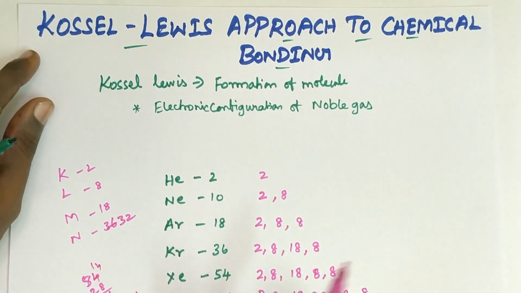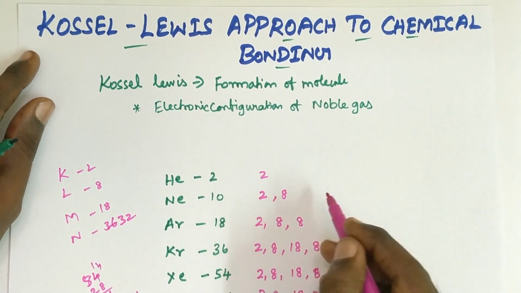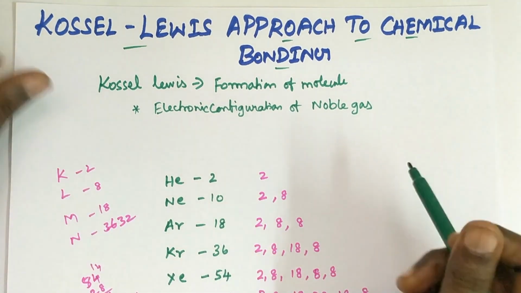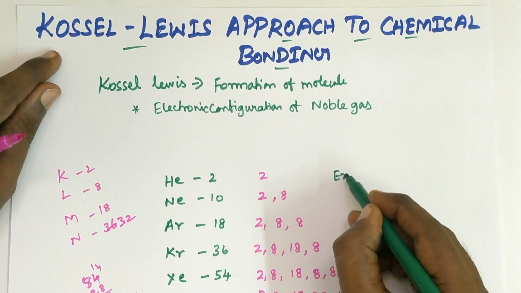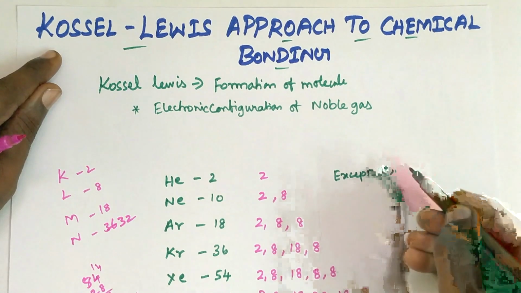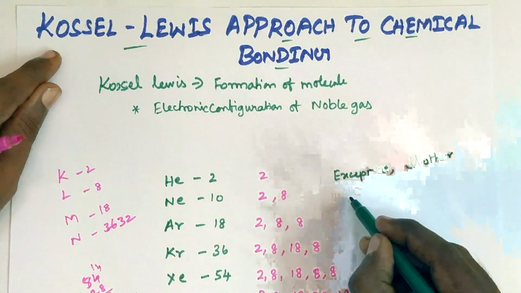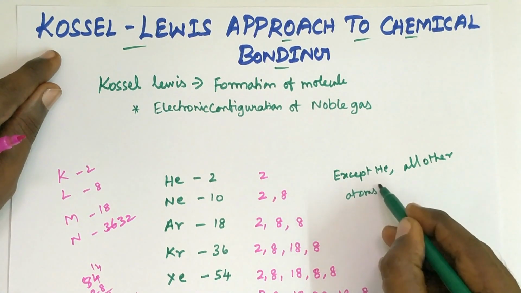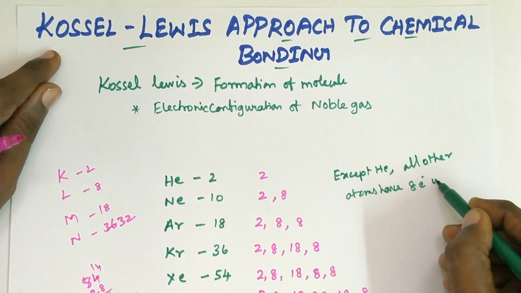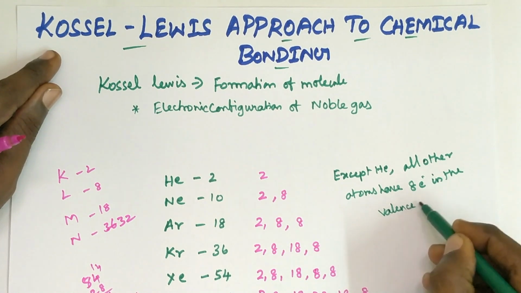So in all the electronic configurations of noble gas, you have to see the outermost shell. Except helium, all other atoms have 8 electrons, that is stable electronic configuration. They have 8 electrons in the valence shell. Valence shell means outermost shell.